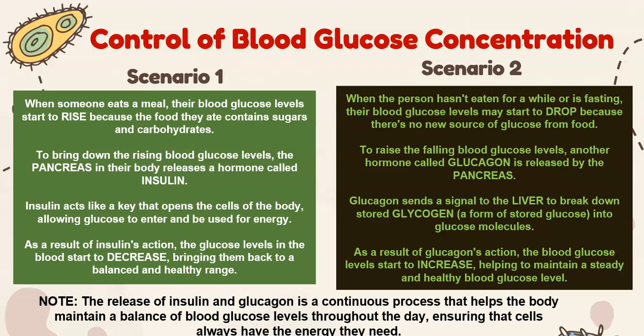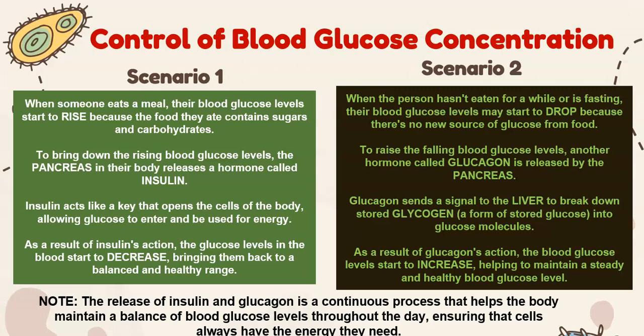Now, to bring down the rising blood glucose level, the pancreas in their body releases a hormone called insulin. Now, insulin acts like a key that opens the cells of the body, allowing glucose to leave the blood and enter into the cells where they can be used for energy. As a result of insulin's action, the glucose level in the blood starts to decrease, bringing it back to a balanced and normal range.